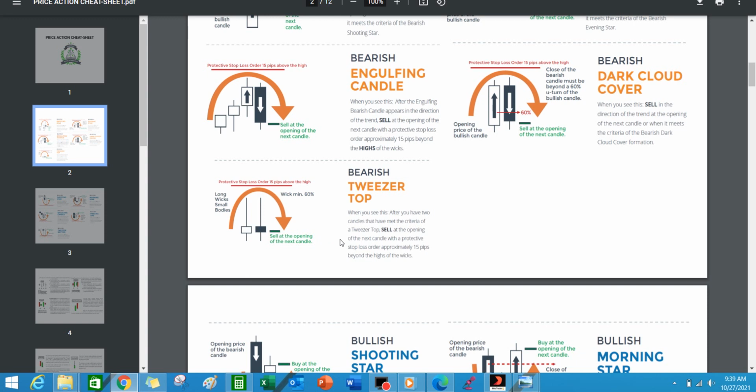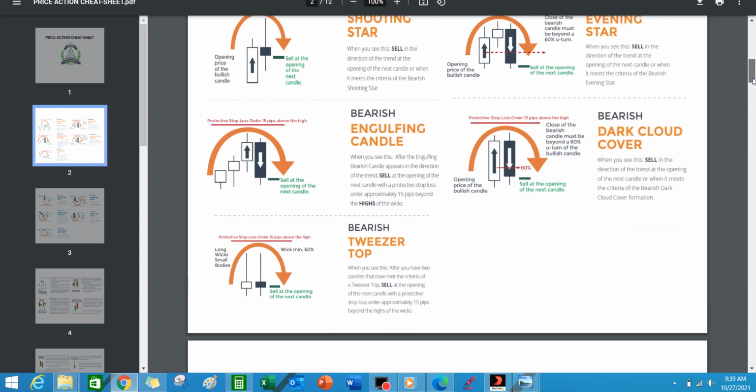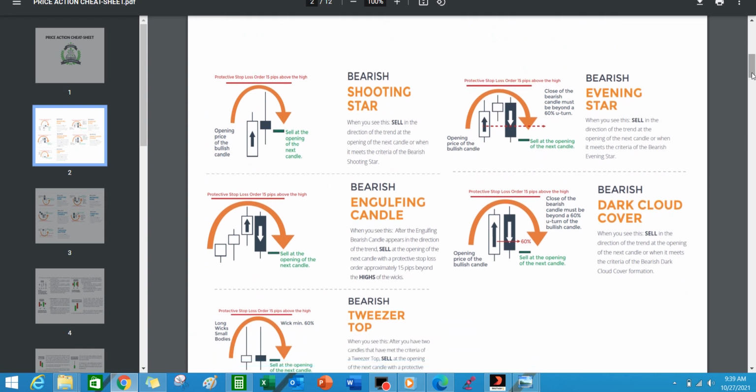So guys, these are the candle patterns for a bearish market. When you see any of these patterns, you can take advantage of the market and start selling immediately. And remember, like I have said earlier on, all these patterns must appear at the resistance level.